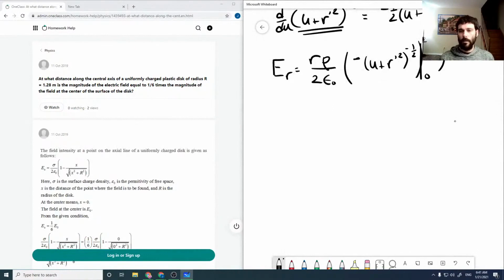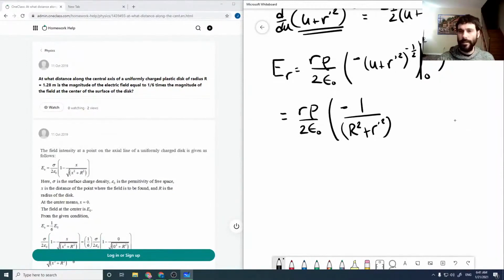Okay. So then working this through, we've got R rho over 2 epsilon naught, and minus 1 over R squared plus R prime squared.